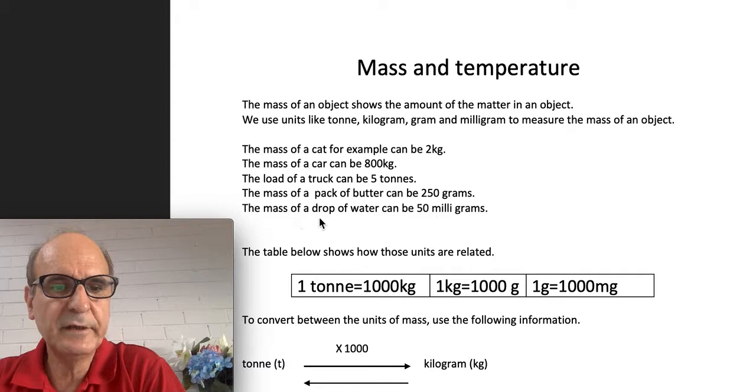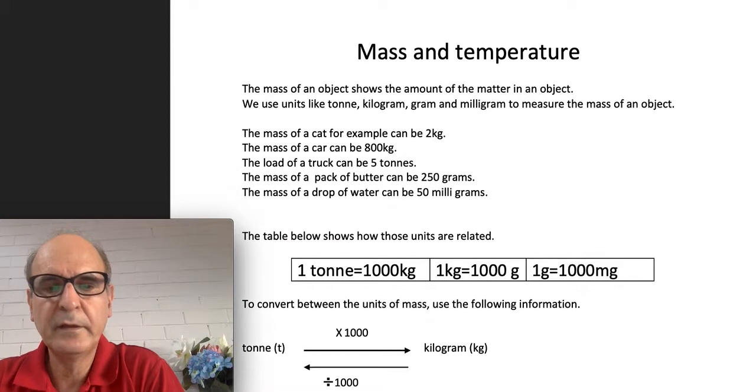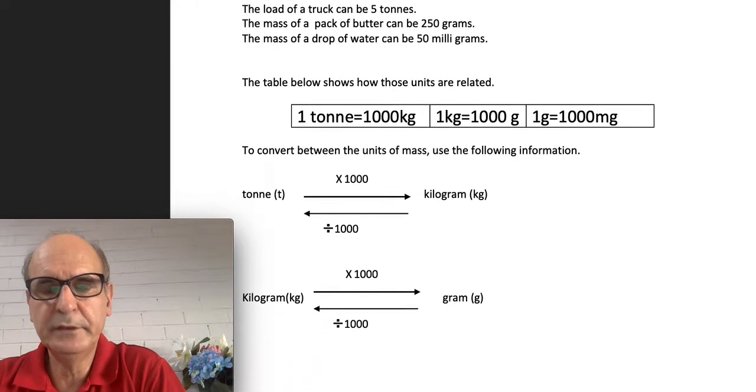The mass of a drop of water can be 50 milligrams. So 1 drop of water is in milligrams. Or when you're using medicines, we measure them in milligrams.